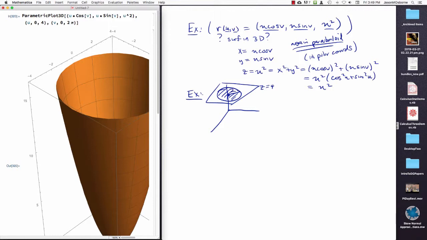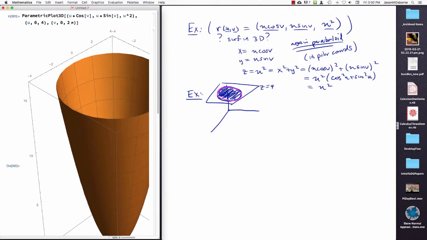But the outside circle has a radius of 2, but you want to describe this disk, which is the solid disk. So it's like a frisbee rather than like the hoop that's surrounding the frisbee.